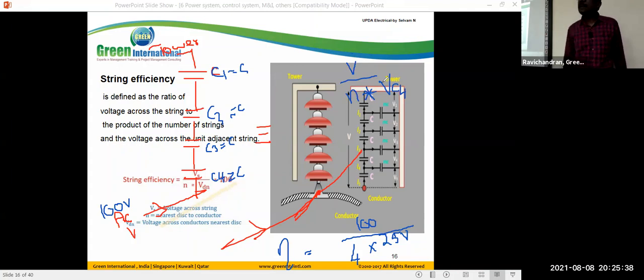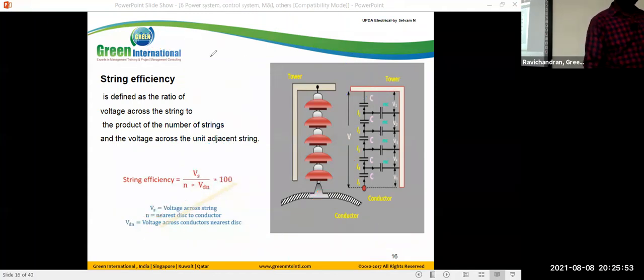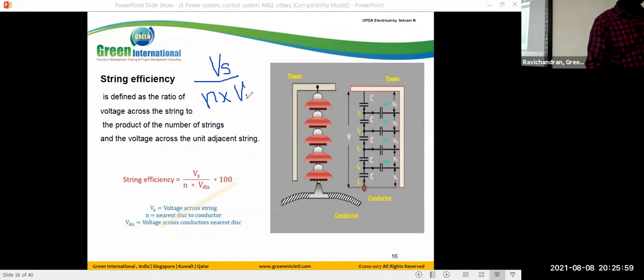If you have N capacitors, we put N into Vn. String efficiency is equal to total voltage divided by N into Vn. Vn stands for the voltage across the nth string.